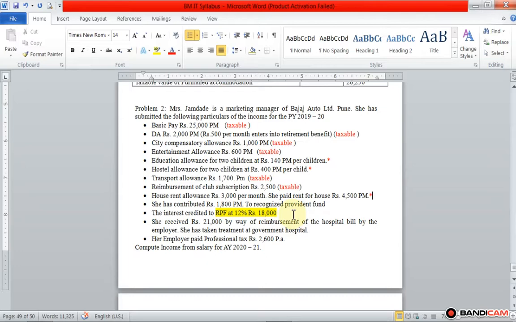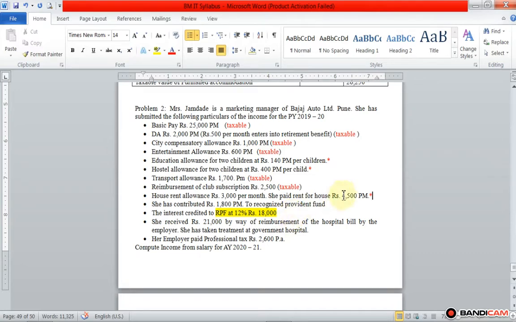So only the employer's contribution is taken into consideration in the gross salary. Employee's contribution to the provident fund is not taken into consideration in gross salary. So while we compute gross salary, we only take into consideration the employer's contribution. Employee contribution is not taken into consideration for calculation of gross salary.